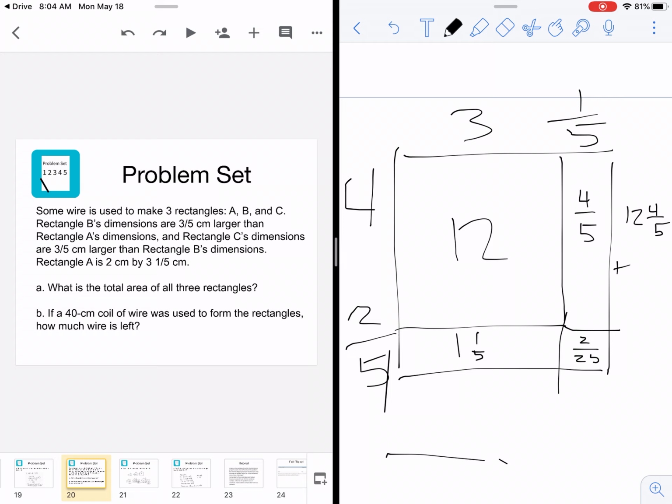And then 2 25ths. So 5 times 5 is 25. So we have 1 and 7 25ths on the bottom. So what I did was I added these and then these. And then you add those two together and you get 4/5 plus 7 25ths.